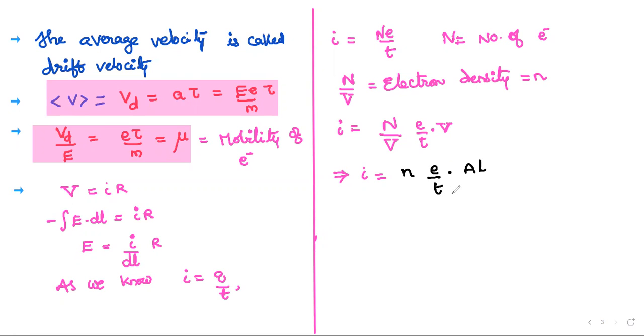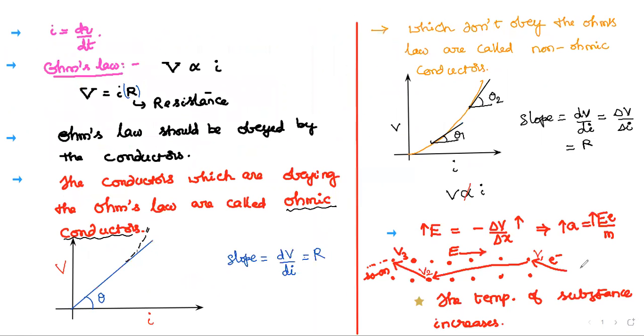Now you check there: I equals n e A into total length by total time. If the length of the conductor is L from here to there, length divided by time actually gives velocity. But it is moving with non-uniform velocity from here to there.